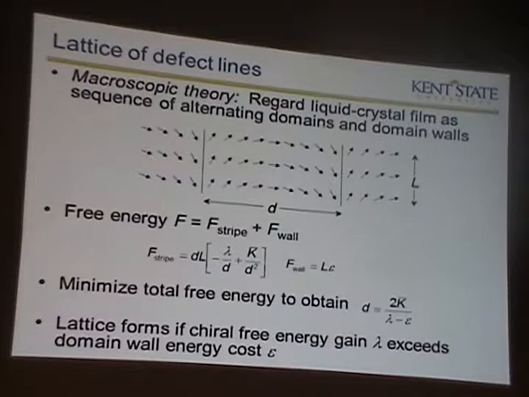And then the free energy is the favorable contribution coming from chirality plus the unfavorable contribution coming from the Frank free energy plus the unfavorable contribution from the domain wall energy itself. You can minimize that, and as long as the favorable contribution from chirality is big enough, it will favor some domain wall spacing, like this. So some net density of domain walls.